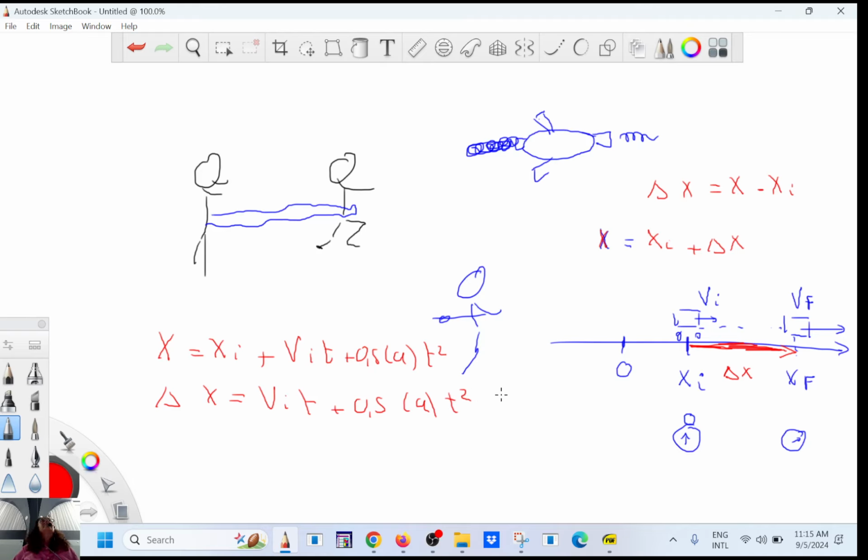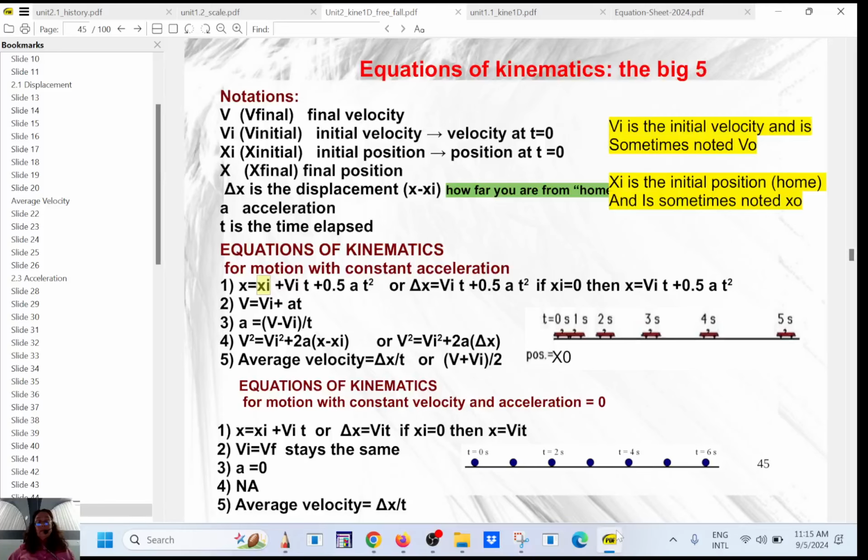Is that clear? So it's really math. Okay, definition of acceleration: the change in velocity over the change in time. Final velocity is initial velocity plus at. And then you have this one, which is very convenient. So this equation, we're going to use it a lot.